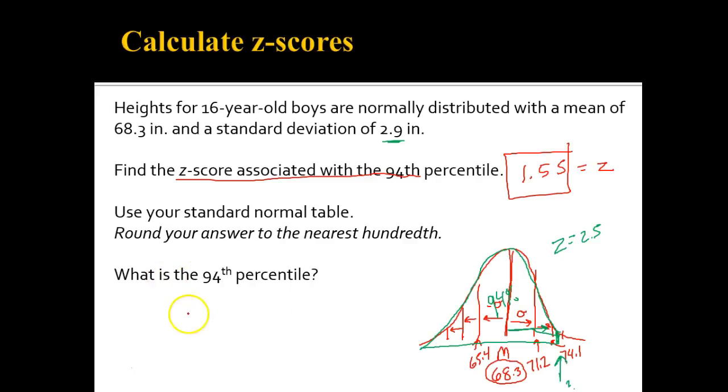I'm going to give you the informal formula. The raw data, the data point that we're looking for, which is the number at the 94th percentile, the number that is larger than 94% of the data, is equal to the mean, I'm just going to use m, they use a Greek letter for mean, plus the z-score, I'm going to use z, times the standard deviation, and we use this other Greek letter here.